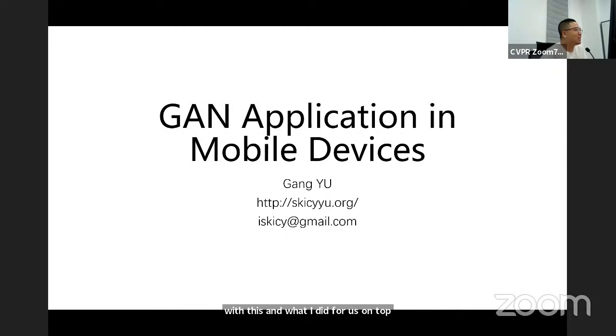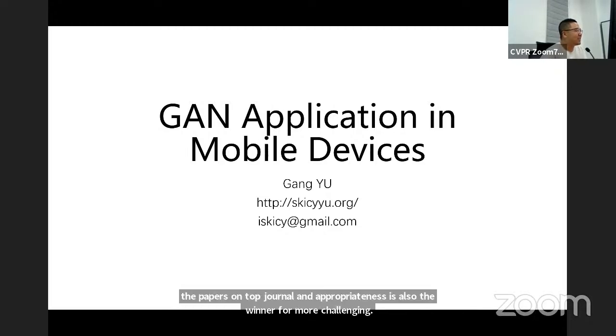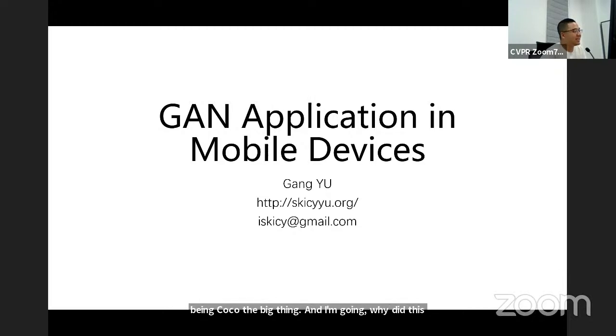He is also the winner of more than 10 challenges, including COCO detection and skeleton, WIDER Face detection, ActivityNet detection, and WIDER segmentation. He also received the Microsoft Research Asia Fellowship in 2011. Dr. Yu Gang's talk is GAN application in mobile devices.